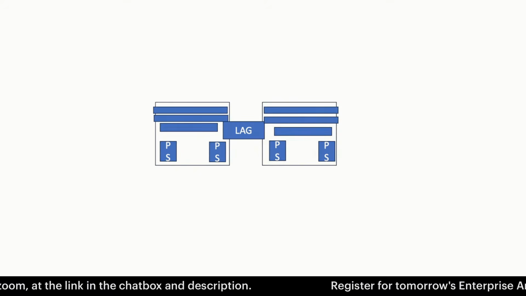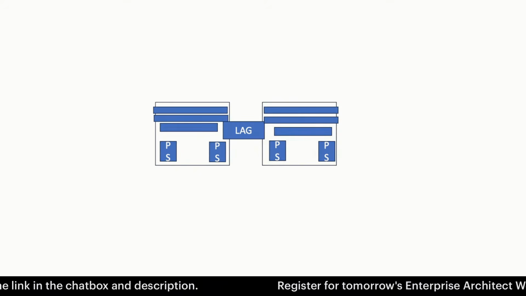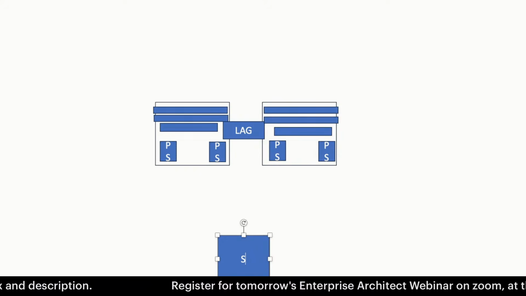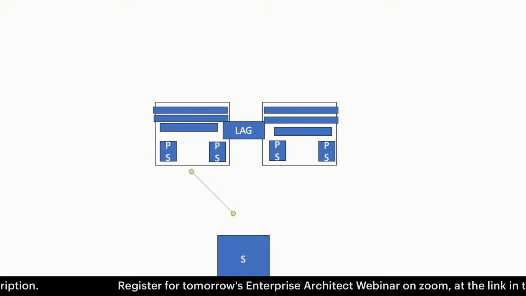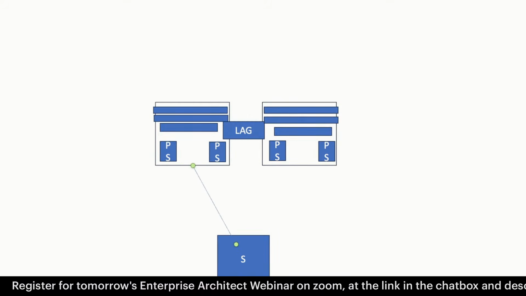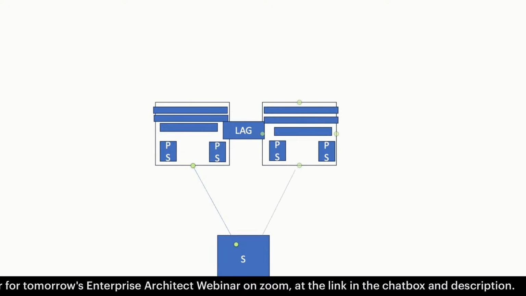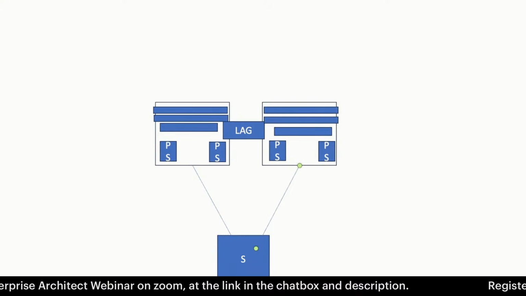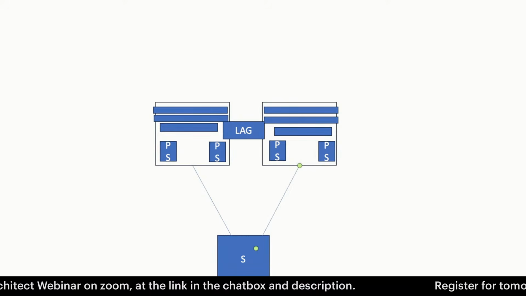Now, if we have a server that plugs into this in a small business, we've got two very high availability switches and the server is plugged into both. This is fine. And this is going to be a very good high availability solution for a small business. It really will be.